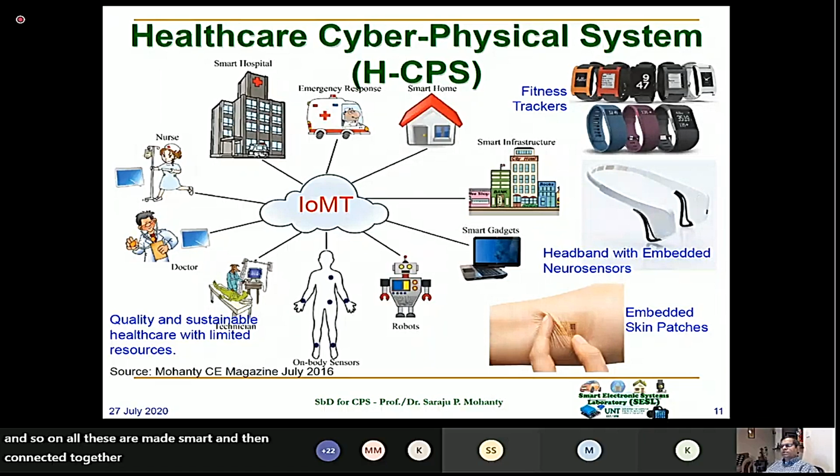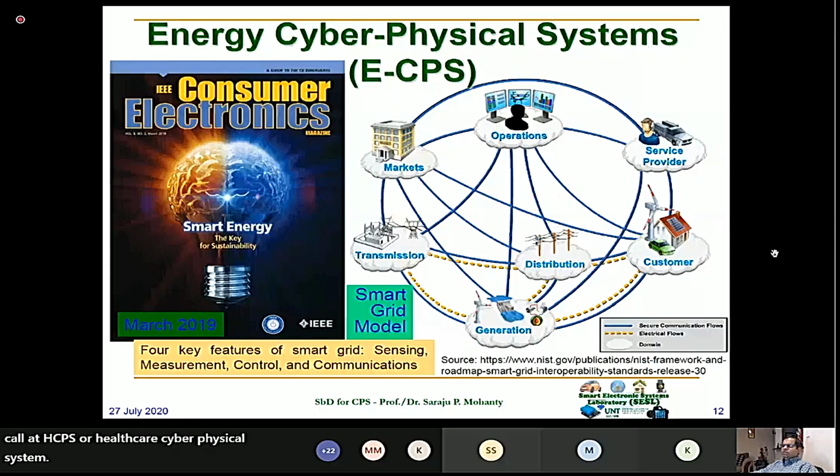They're talking to each other, helping each other, with the help of the Internet of Medical Things, and overall they are creating what we call HCPS, or healthcare cyber physical system.